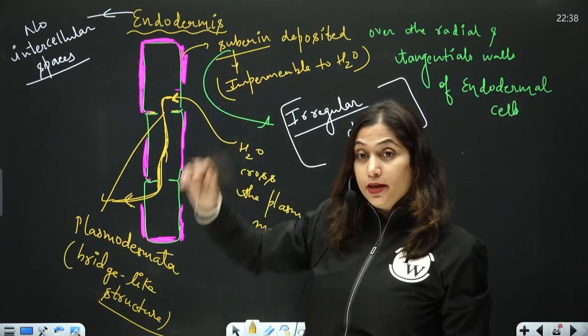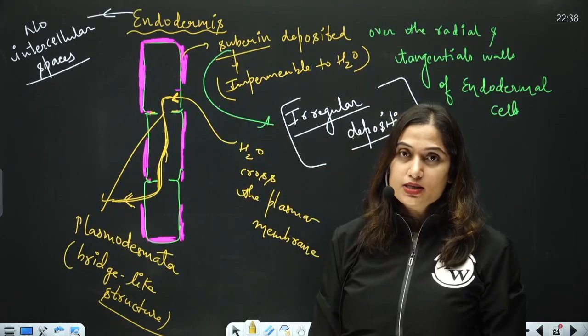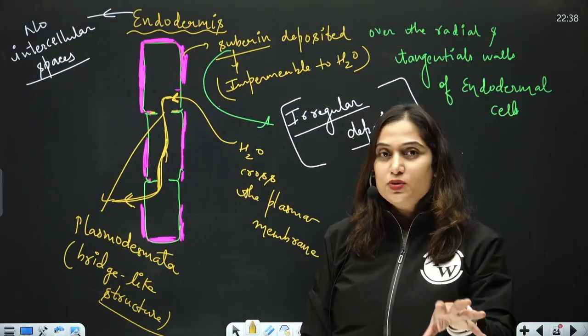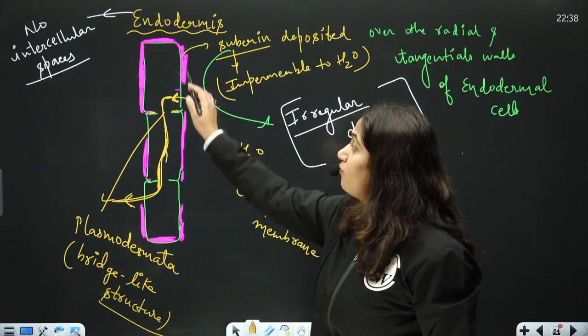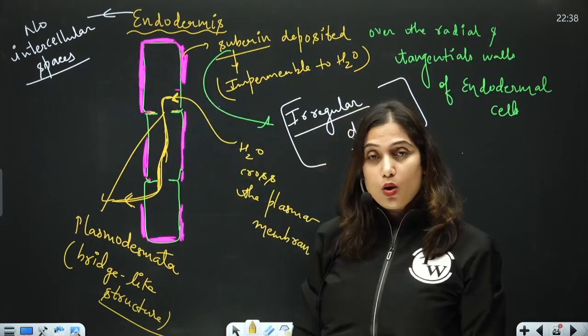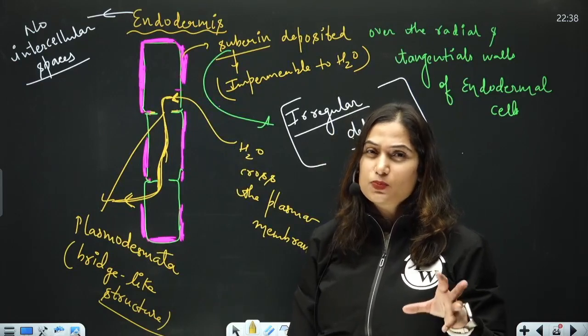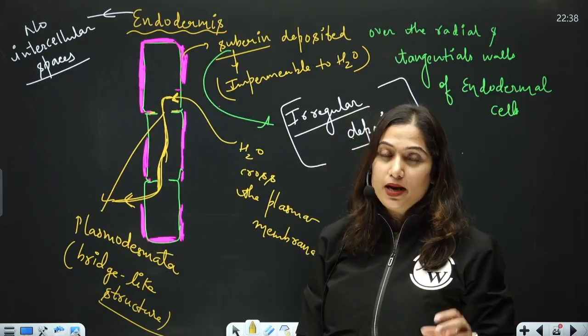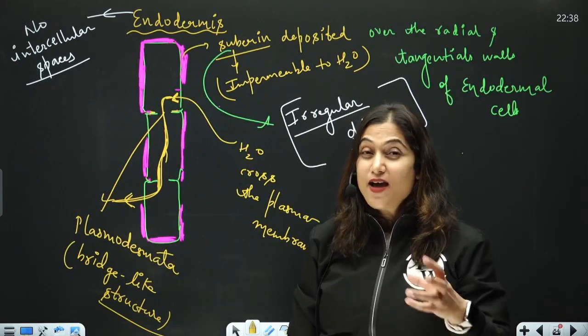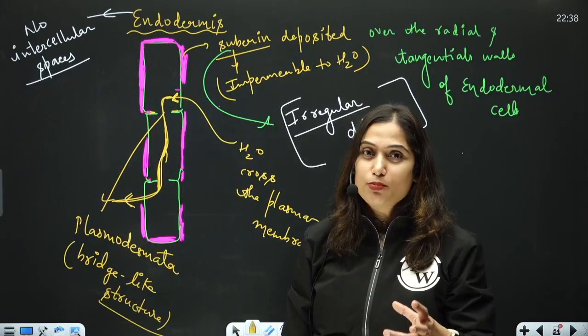Then why, to cross the endodermis, does the movement have to be symplastic and not apoplastic? Because on the wall of the endodermis, there is a special covering of a special material, that is suberin. And suberin is a waxy compound which is impermeable to water.